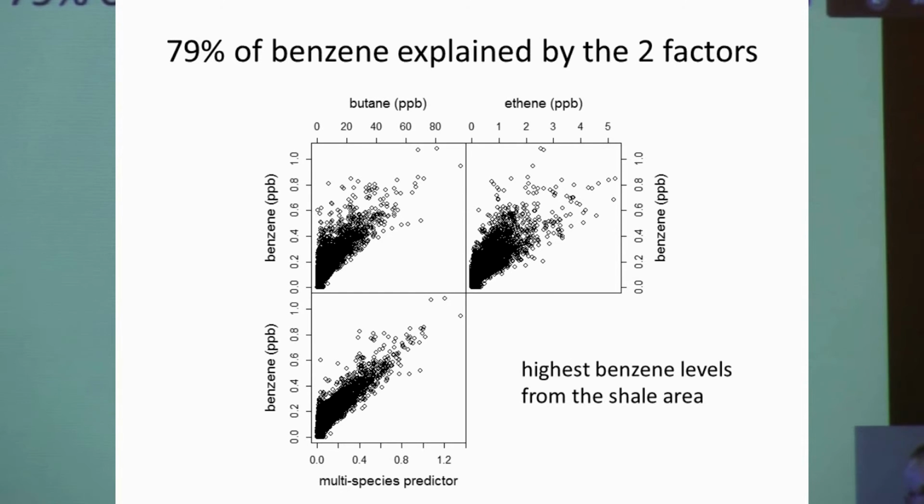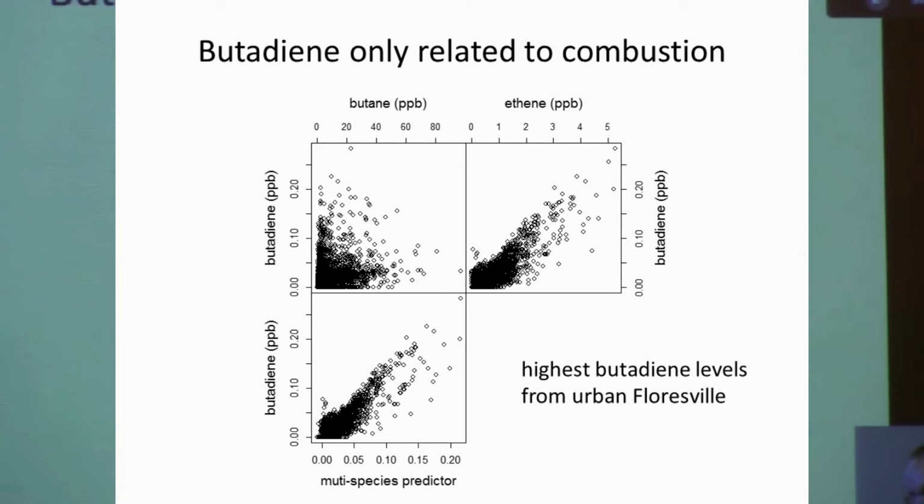The highest benzene levels were measured when air came from the shale area. In comparison, another air-quality-concerned species, butadiene, cannot be explained by any emissions from the shale area. It's clearly dominated by the combustion factor, and we cannot explain quite as much of its abundance.